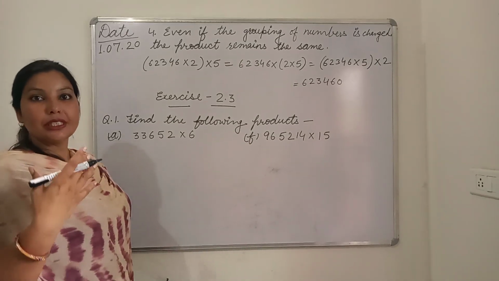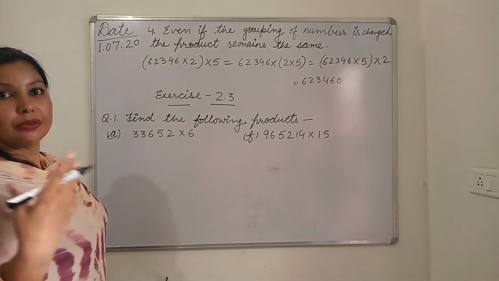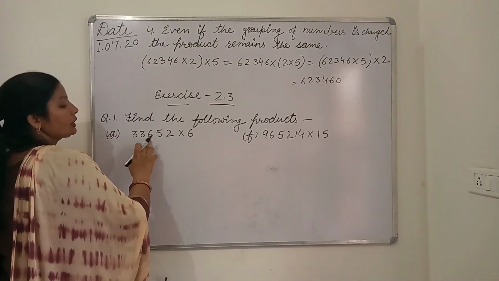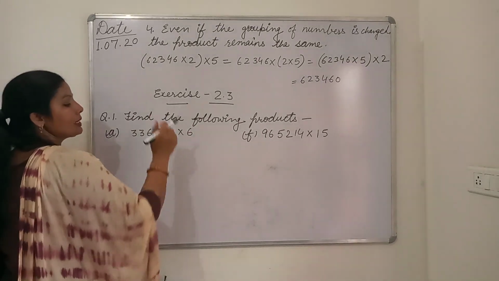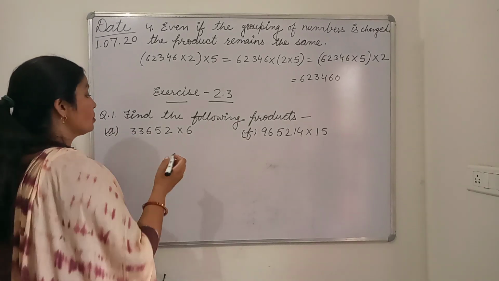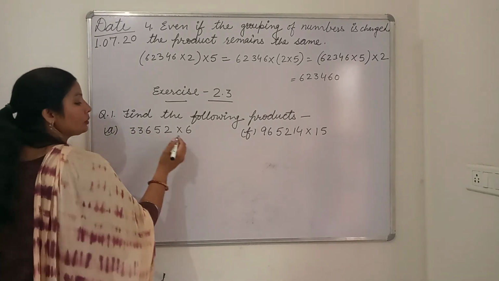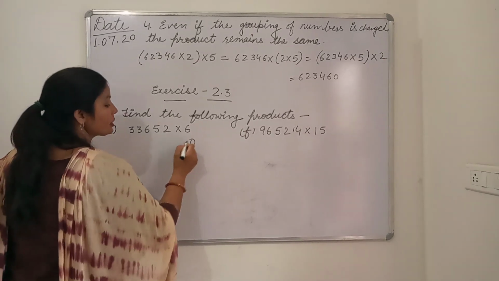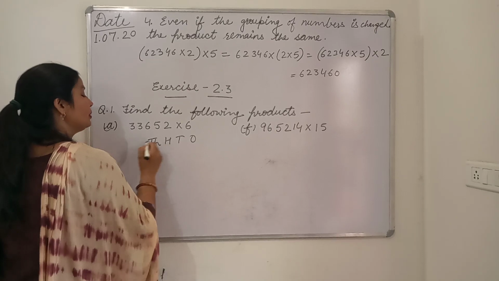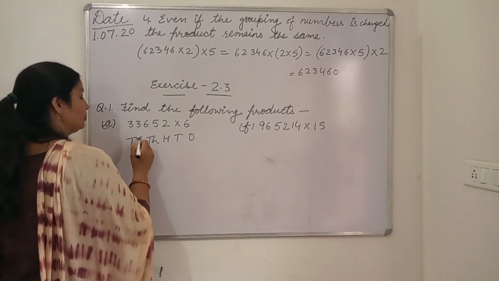First of all we should arrange them in columns and then we should do multiplication. Here is 33,652 multiplied by 6. So first of all we should write them in the columns. Here is a 5-digit number, so we should put here 5 columns: ones, tens, 100, 1000, 10,000.